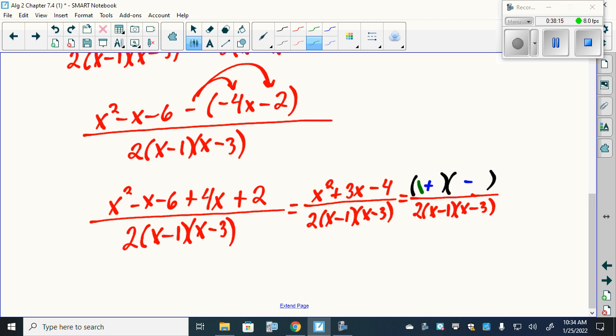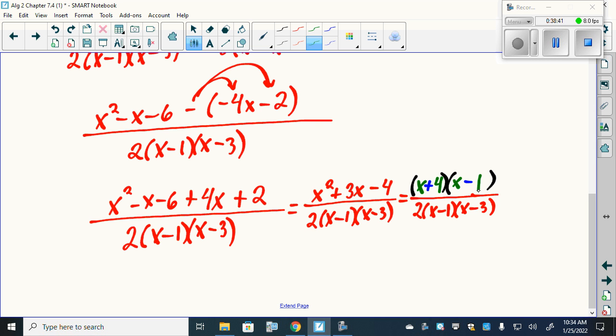Factors of x squared are x and x, and the factors of 4 are 4 and 1, or 2 and 2. Which one do we want to use? Which one would be positive and which one negative? Negative 1 and positive 4. And these here would actually be the factors.